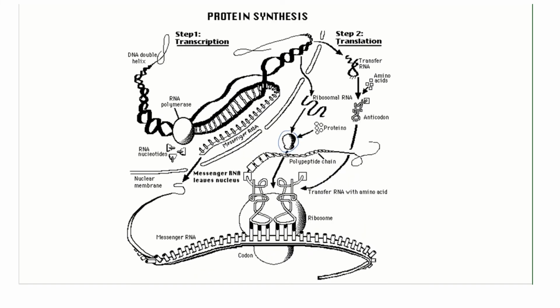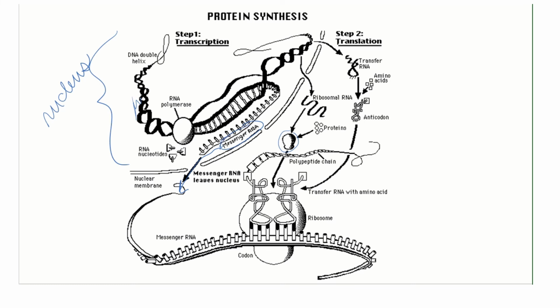So if we look at this really big picture that overviews what we just walked through, we've got our DNA over here, and we're going to go through the process of transcription. So we make this messenger RNA copy so it can leave the nucleus. This whole region here is the nucleus.